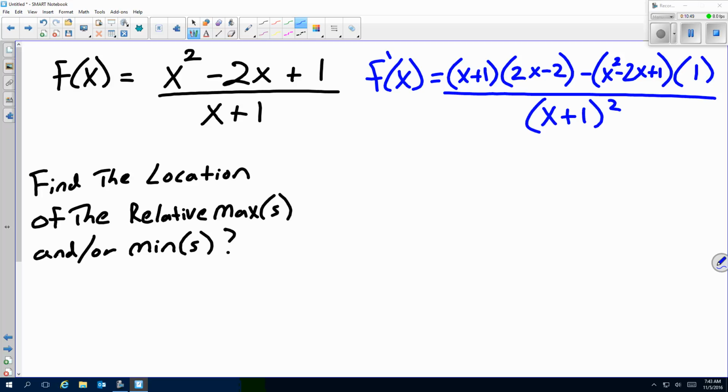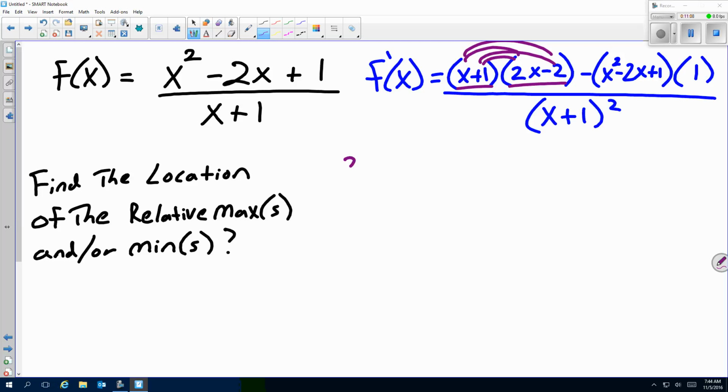Okay? Now, before we used to always say stop here, and I'm actually going to insist that we simplify it for our benefit. So let's simplify some things. I can go ahead and multiply these two binomials together. I'm going to use a FOIL technique to multiply these two guys together.